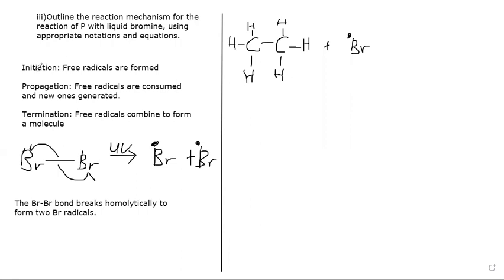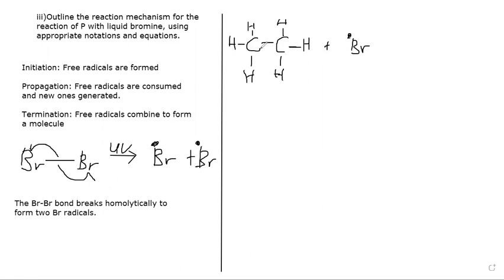So you would first write initiation, then you do this equation with the fish hook. Remember, it's a mechanism, so you put the fish hook. And we mention that the Br-Br bond is broken homolytically, and we get the two Br radicals.